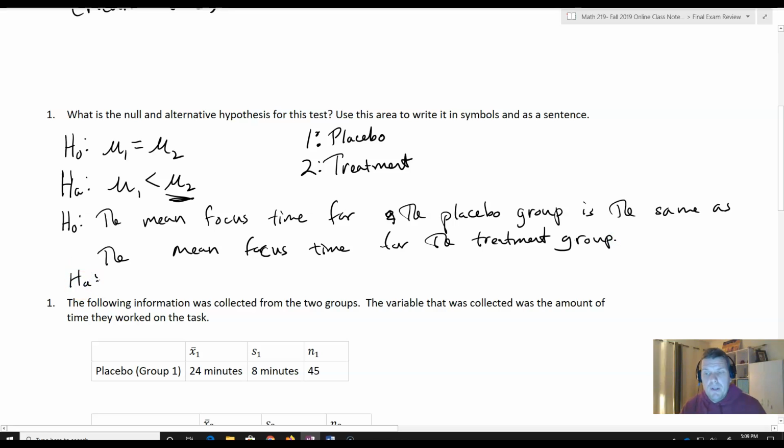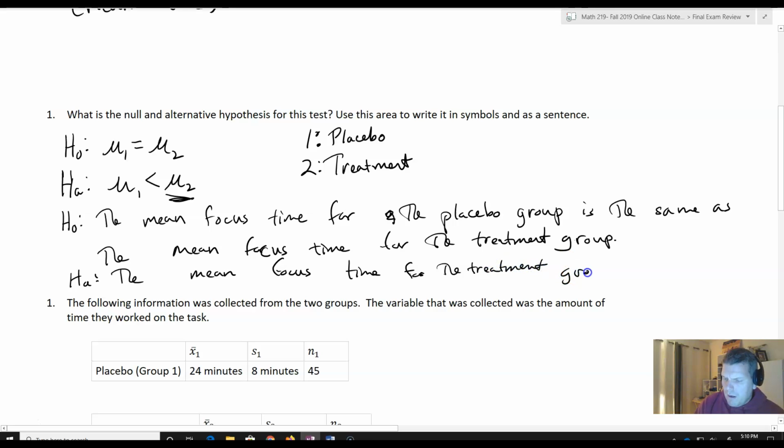And then, if we look at my alternative, the mean focus time for the placebo group is less than the mean focus time for the treatment group.